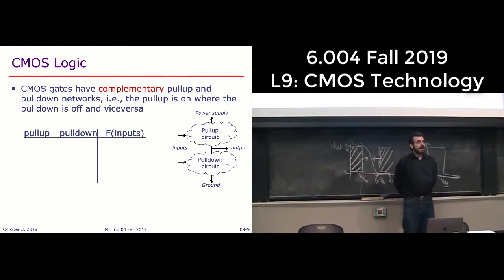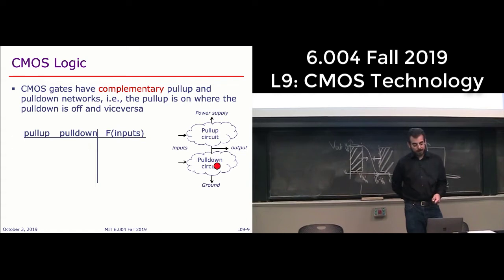So let's generalize this and see where the term CMOS comes from. Basically, the C stands for complementary, and what this means is that you have the following structure. The inputs are connected to the gates of the transistors in your circuit, and then you have both a pull-up circuit and a pull-down circuit.